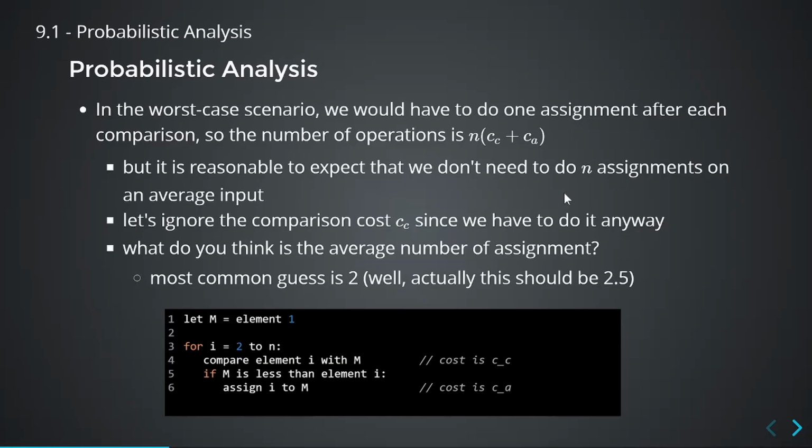And I should say here that the most common guess is 2, which should actually be 2.5 because you have to do at least one assignment. If the first one is the largest, you have to do at least one. And at most, you have to do 4. And people just take the average. Well, the average is 1 plus 2 plus 3 plus 4 divided by 4, which is 2.5. So this is the most common answer.